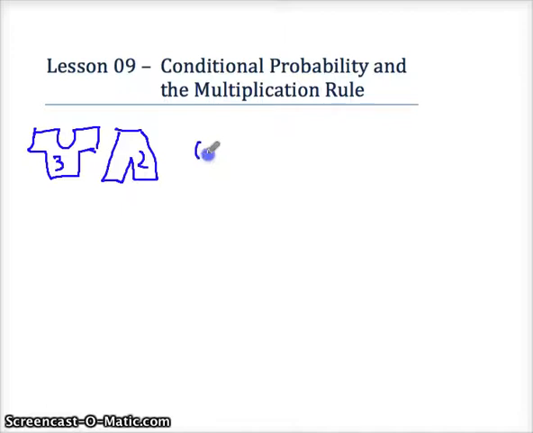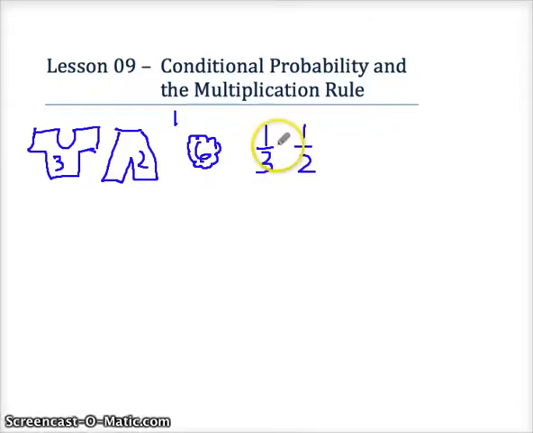Wouldn't I have six outfits altogether? For the shirts, a particular shirt would be one out of three, and for the pants, one out of two. Now, we already know we're going to have six possible outfits. So if I'm going to pick one particular one, it's going to be one out of six.